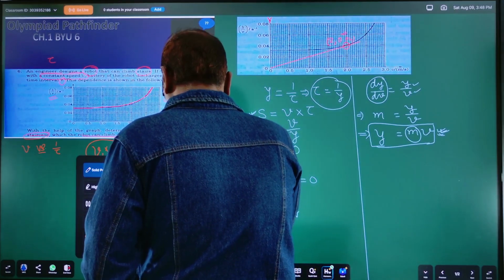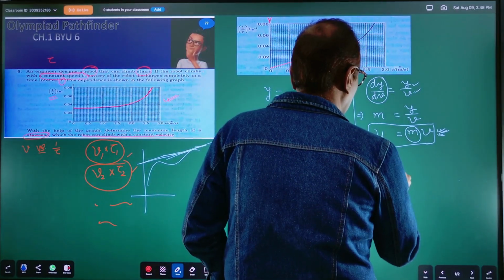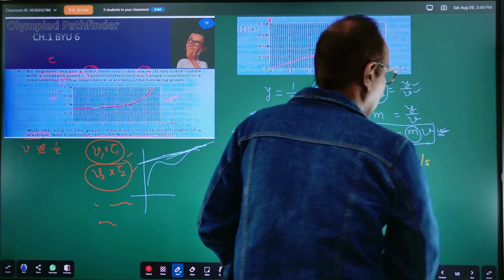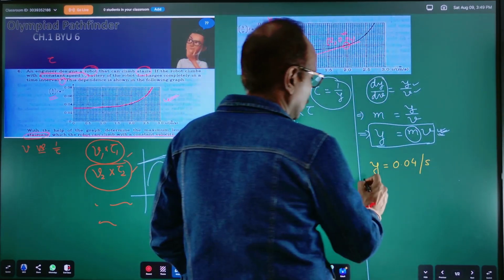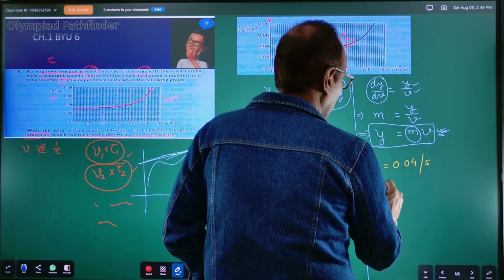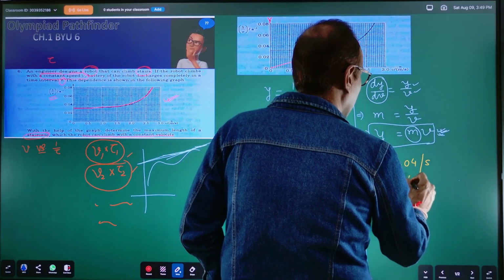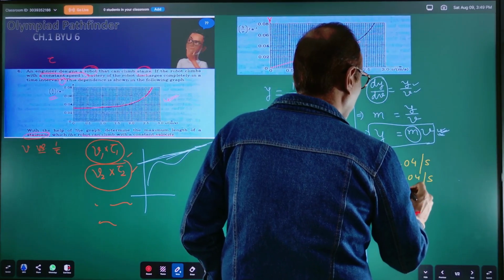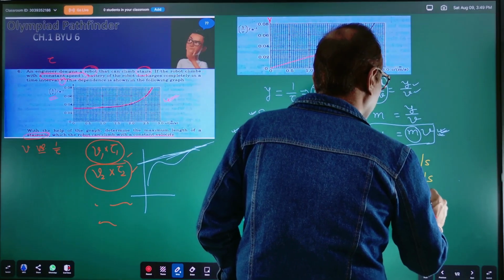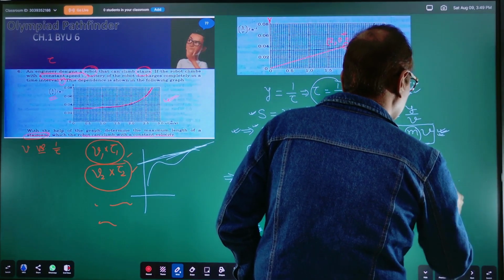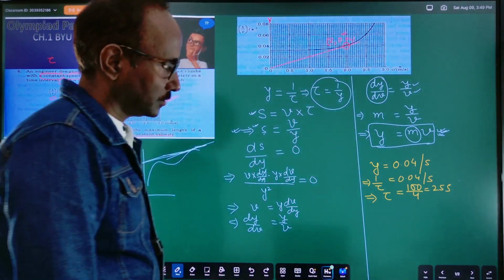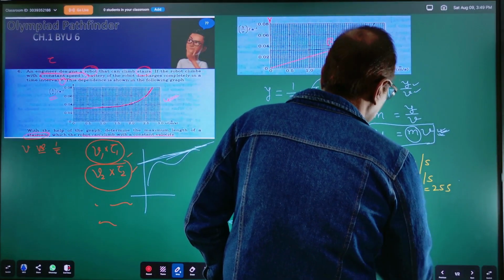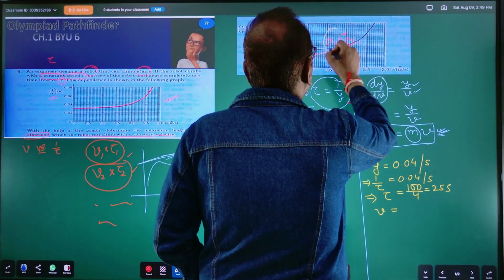So your y is 0.04 per second. y is 1 by tau, 0.04 per second. So tau will be 100 by 4, which means 25 seconds. And your v correspondingly is 2 meter per second.